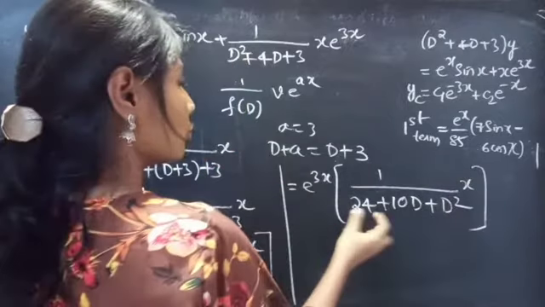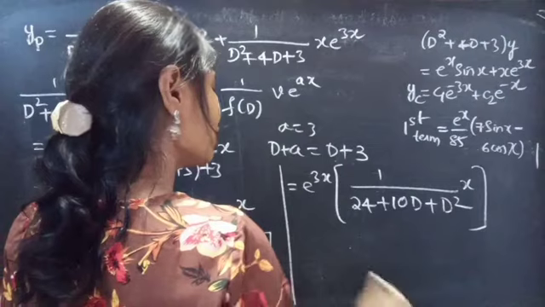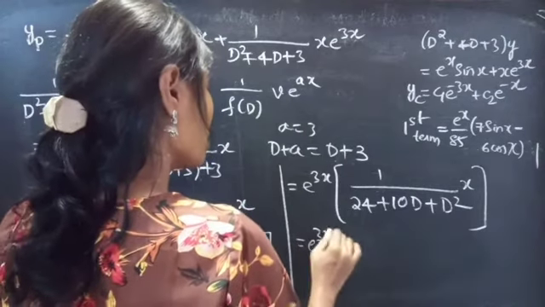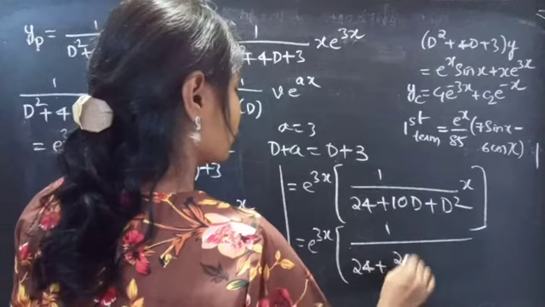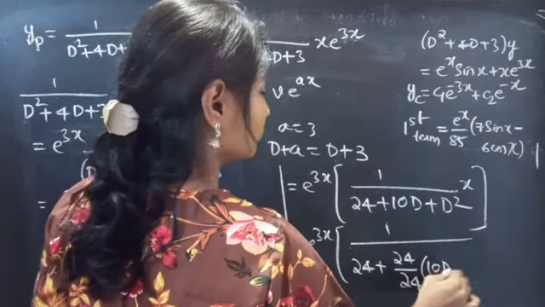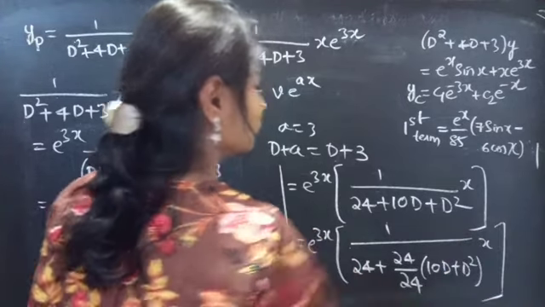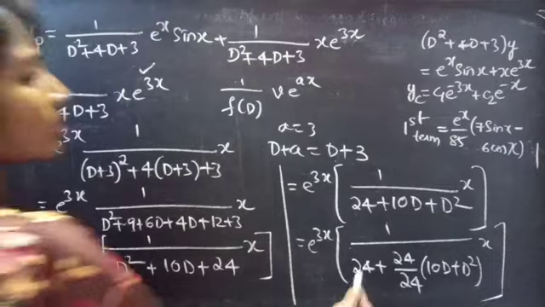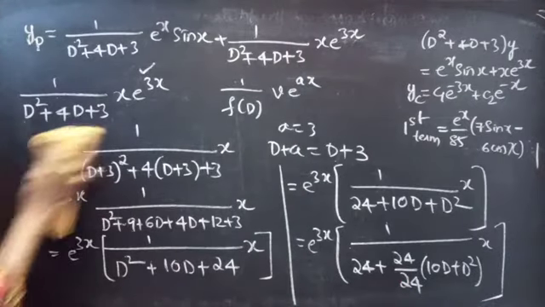Now let's take 24 common from all the terms. But in the second and third term we don't have any 24. So what we'll do is, we'll just multiply and divide 24 to the last two terms. Right? Now it will be easy to take 24 common from the terms of the denominator.